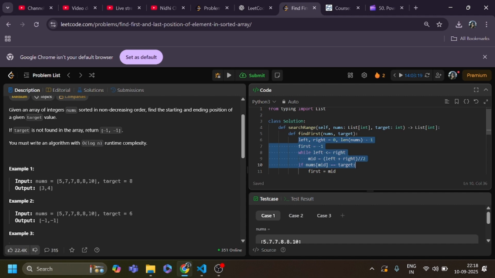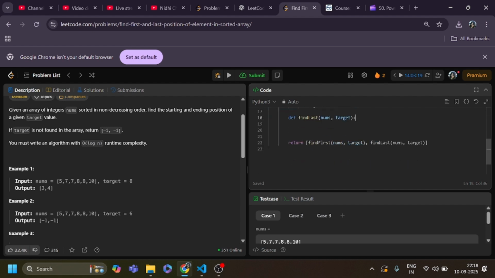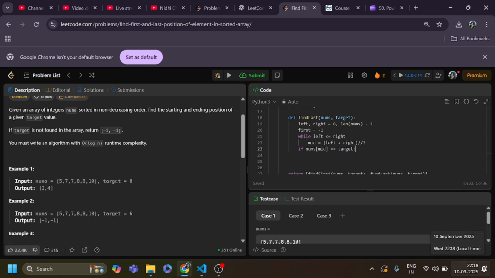From line number 6 to line number 10 we need to copy. I copied it, then I paste it here. Left equals 0 and right equals length of numbers minus 1, and last equals minus 1, here I can't write first. While left is less than or equal to right, mid equals left plus right divided by 2, if numbers of mid equals target.